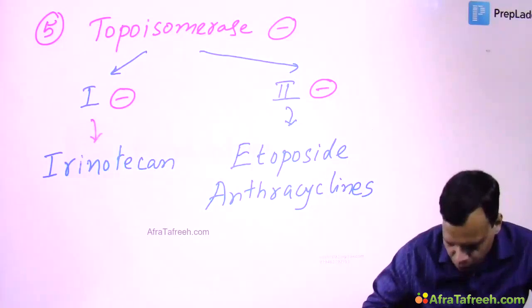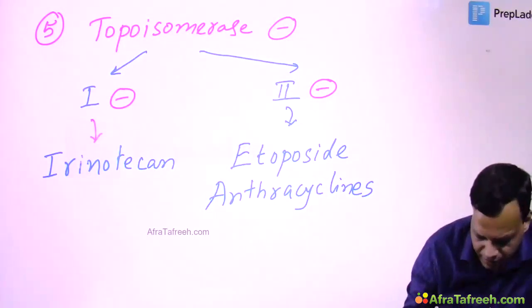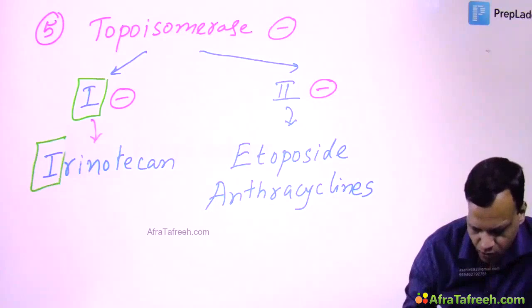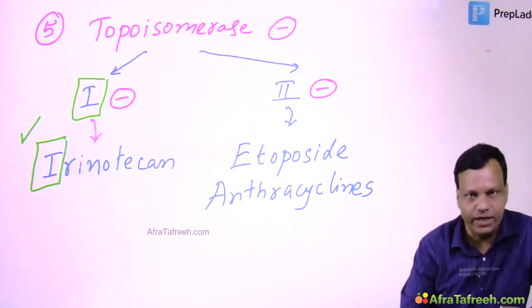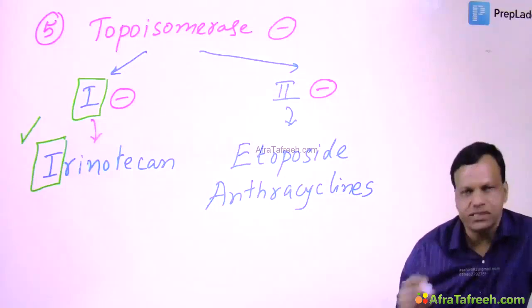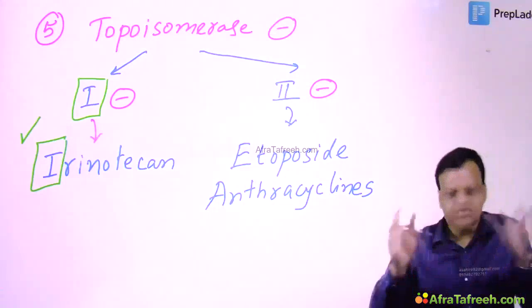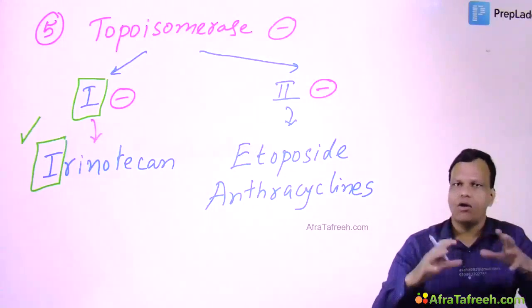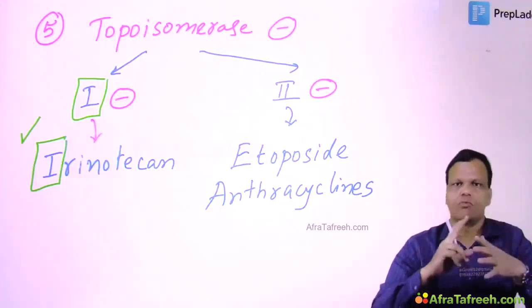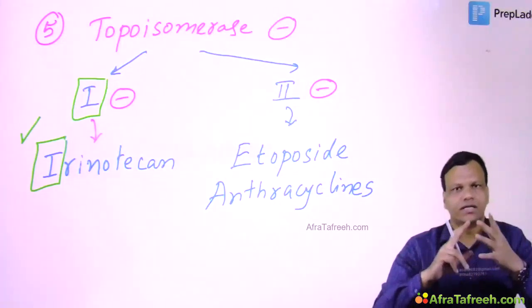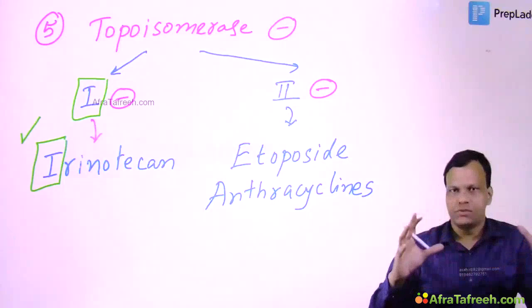Again, from the name you can easily remember: irinotecan starts with I, it looks like a 1. So irinotecan is a topoisomerase 1 inhibitor, whereas the other drugs are topoisomerase 2 inhibitors. Now all these drugs, like all the anticancer drugs, cause 4 side effects: bone marrow suppression, alopecia, diarrhea and hyperuricemia.